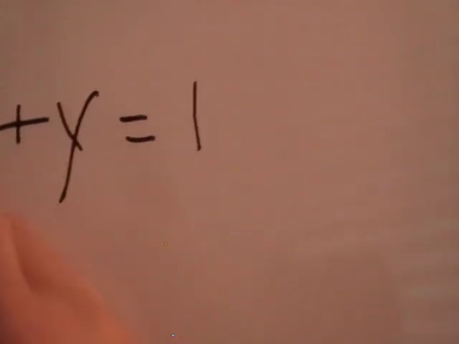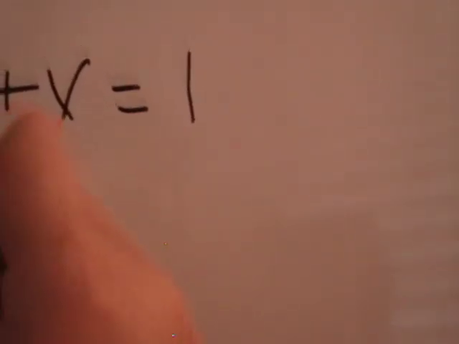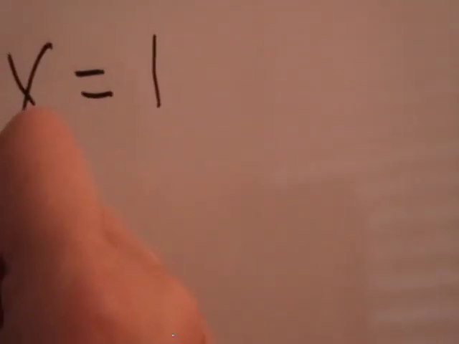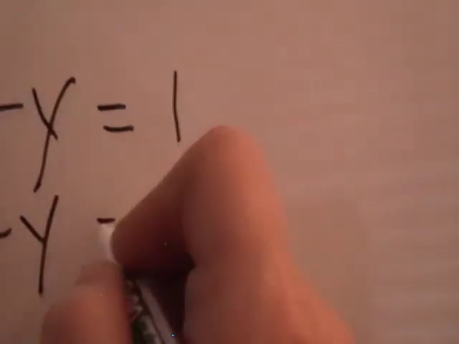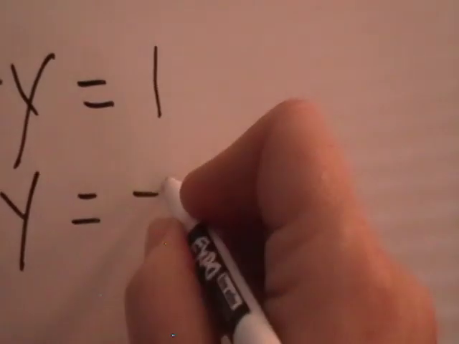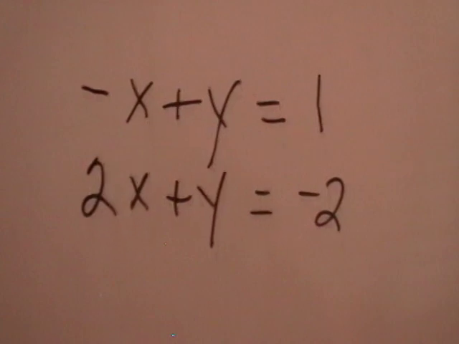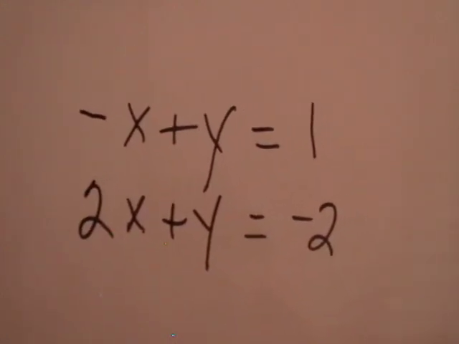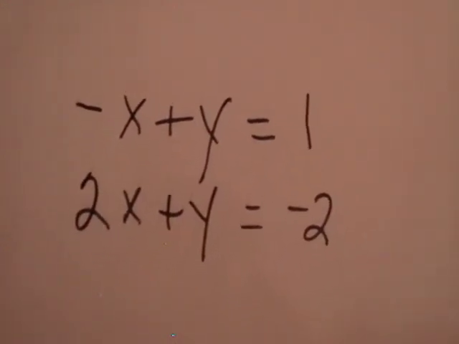And the second one is 2x plus y equals -2. There's the two equations from example 1 on page 396.